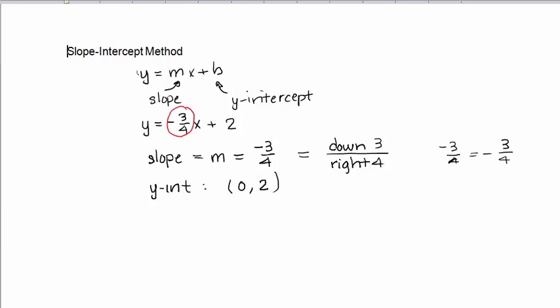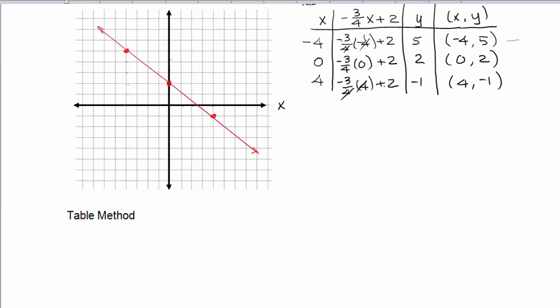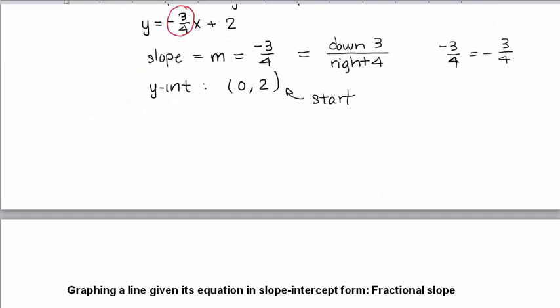I have one negative sign, so I'm either going to assign it to my numerator or my denominator, but it doesn't go with both. My y-intercept is the point where I start, so I'm going to start at this point and then move down 3 and right 4 from that point.